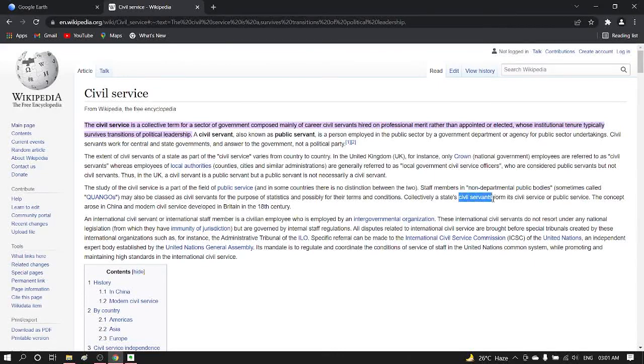Okay, so civil servants are normally their state's public service. The concept arose in China, and they were the first to conduct a merit-based examination to recruit civil servants, and this was later adopted by the British authorities, especially by the British East India Company in the 18th century.